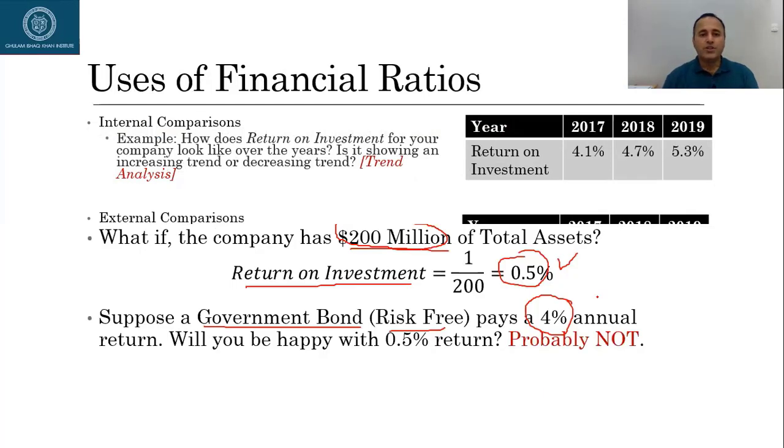There are certain uses for financial ratios. One of the most important uses is internal comparisons. Example, how does return on investment for your company look over the years? Just like this one. So let's say for 2019, your return on investment was 5.3%.